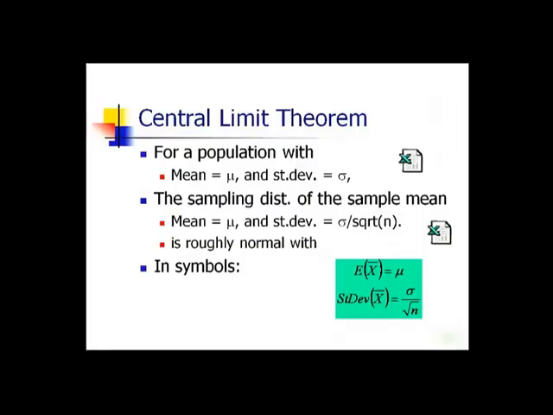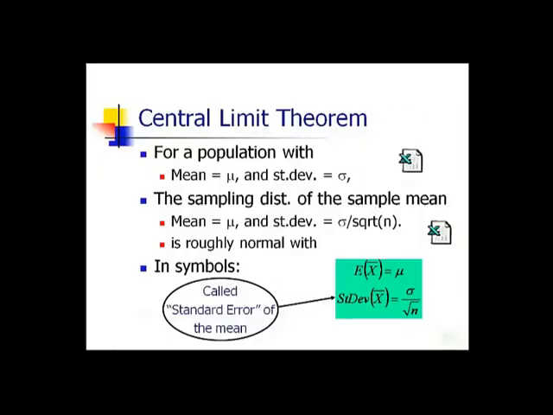We call that standard deviation of x bar the standard error of the mean. And so when you hear standard error, we're talking about the standard deviation of a sampling distribution of some sample statistic, in this case, the sample mean.